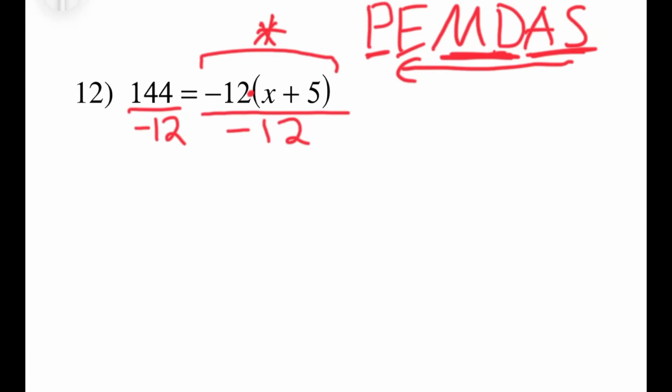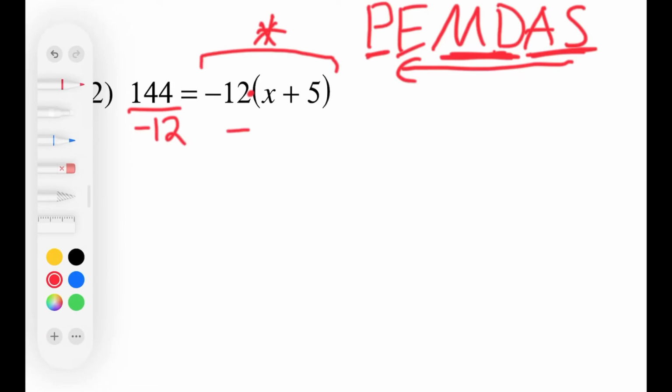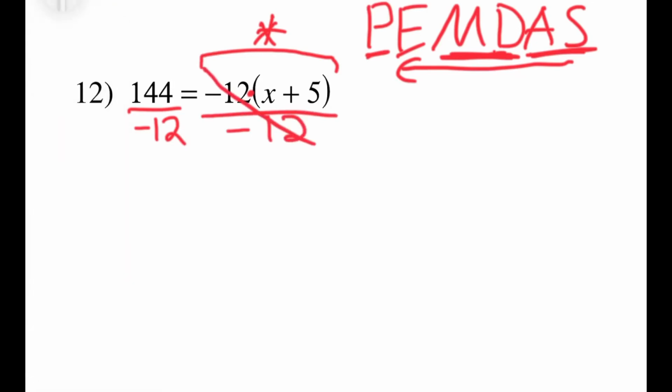So -12 divided by -12 is 1, but it cancels out. Sorry guys. It cancels out because it just becomes 1. Multiplying that parentheses by 1 is not going to change the value, so we do not have to put it.